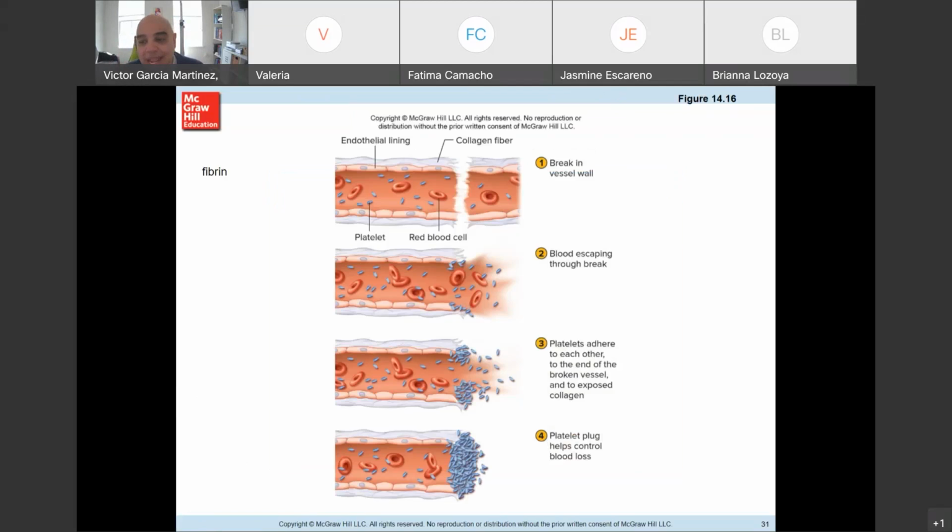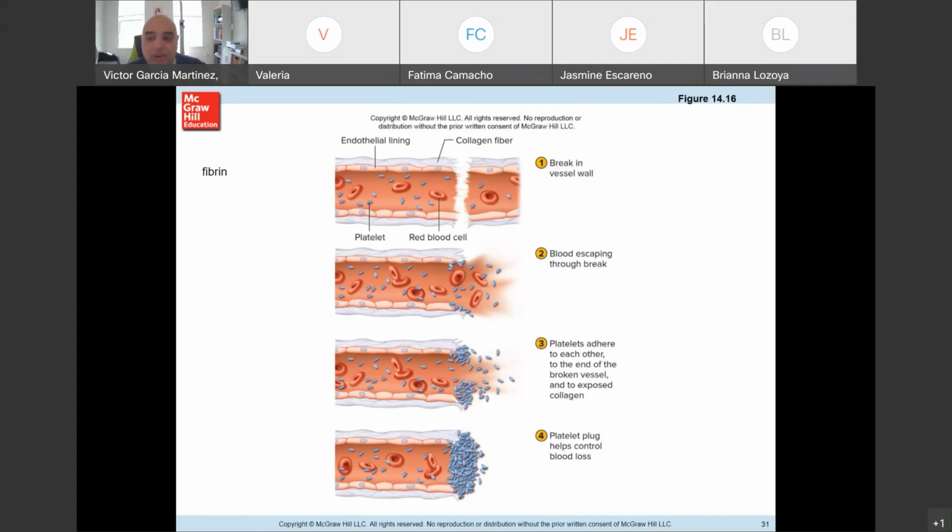Normally, we can have damage of any blood vessel. That damage could be external or internal. For example, if we have a wound, we have an external damage for the blood vessel. It could be a small blood vessel such as capillaries, or a medium-sized vessel such as an arteriole or a small artery.